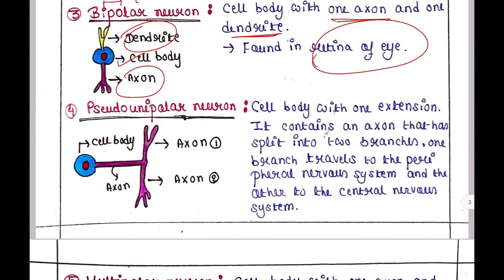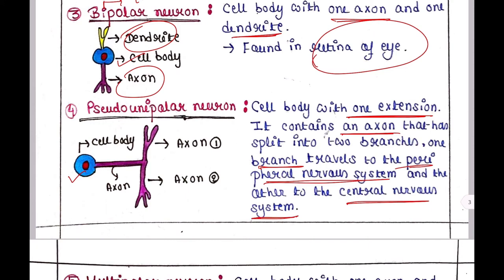Next is the pseudo unipolar neuron. The cell body has only one extension, and that extension is the axon, which has split into two branches. One branch travels to the peripheral nervous system and the other to the central nervous system.